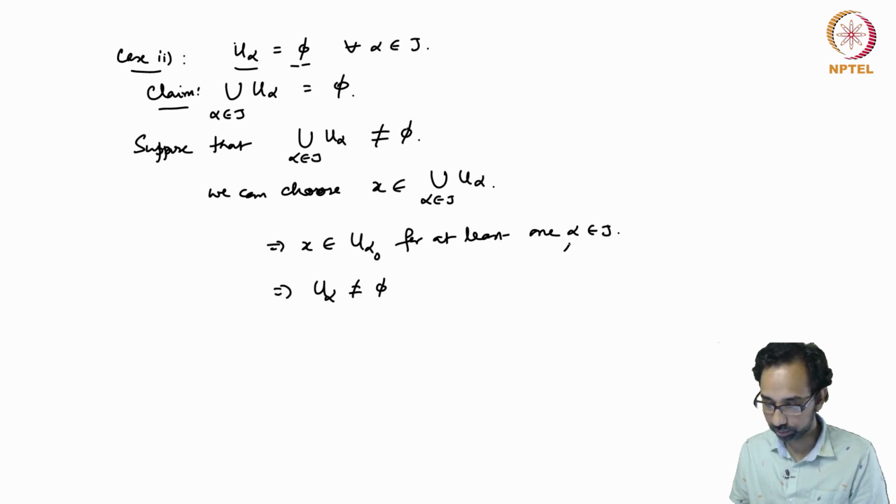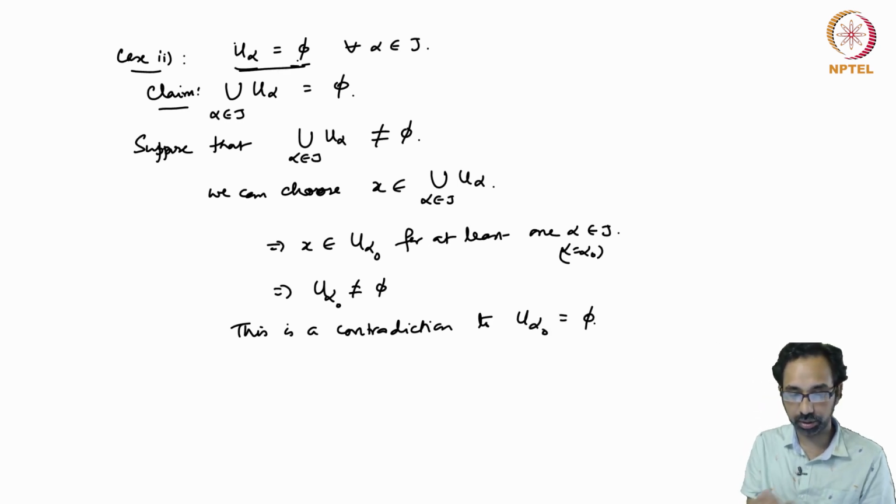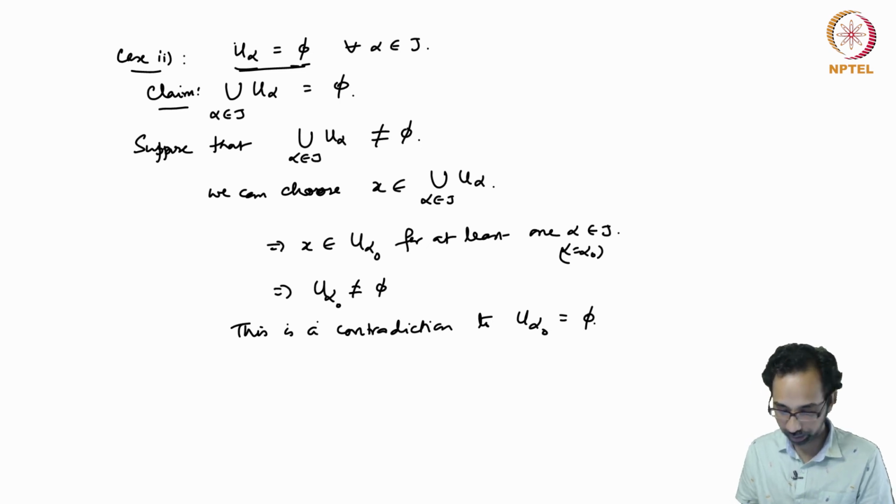So alpha equals alpha 0. This is x is in u alpha 0, which means that u alpha 0 is non-empty, and this is a contradiction to the fact that u alpha 0 must be empty. This is our assumption here. And so the arbitrary union of all these u alphas is empty when each of them is empty.